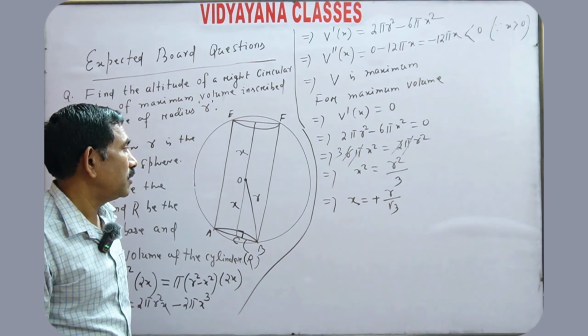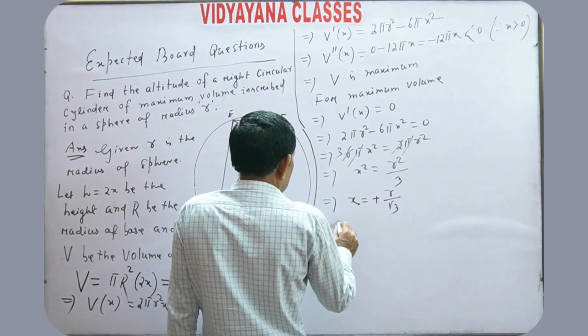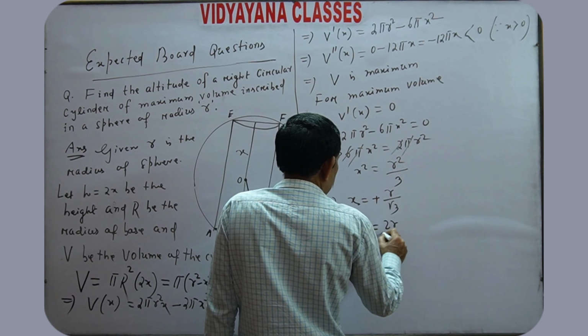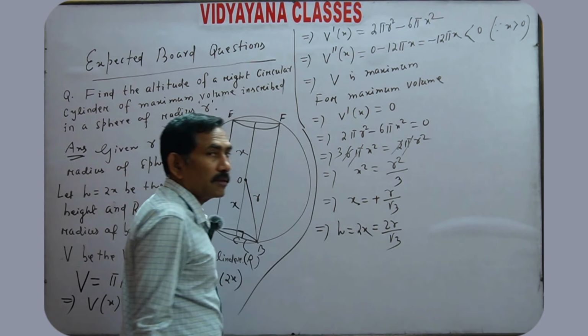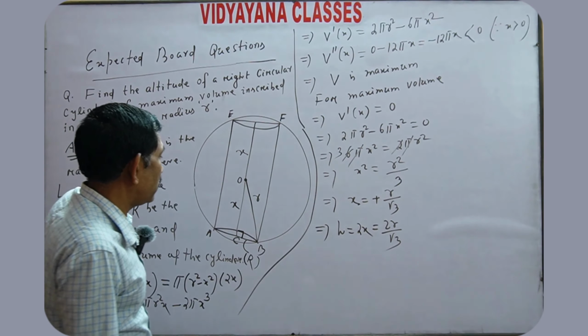Clear? Since x is positive, h is equal to 2x is equal to 2R divided by root 3. Is the altitude of the right circular cylinder.